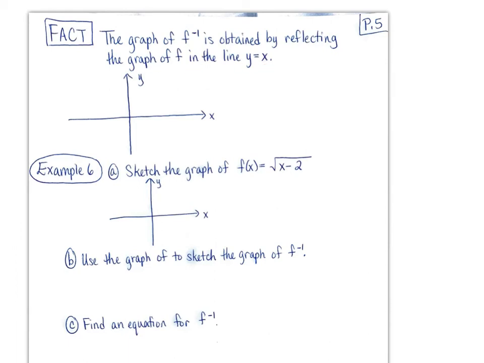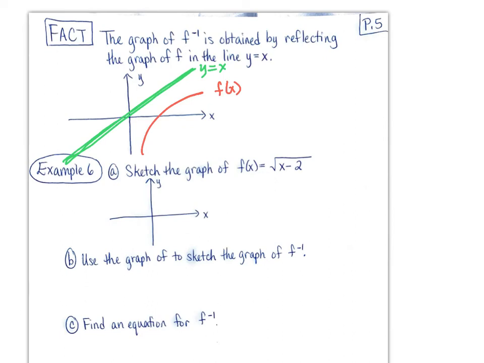In other words, if you have a function given like this, f of x, then you find the inverse of that function by reflecting it about the line y equals x.